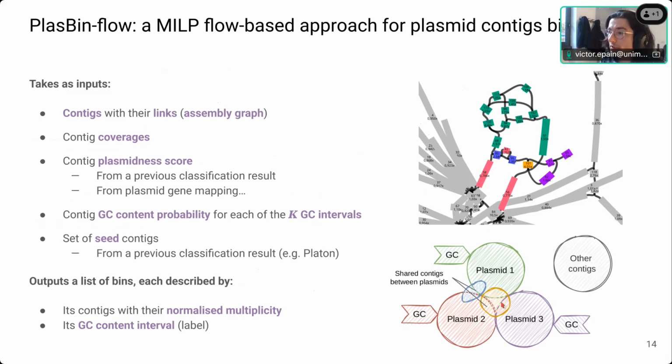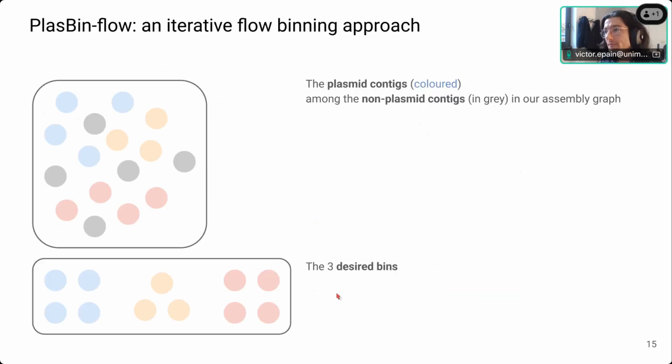In the figure on the right, I just remind you that a contig can participate in several bins and, not in the figure, can also participate in the chromosomal set. Plasmid flow is based on assembly graphs and is an iterative flow binning approach. I haven't defined the flow approach yet. I will first define what an iterative approach is.